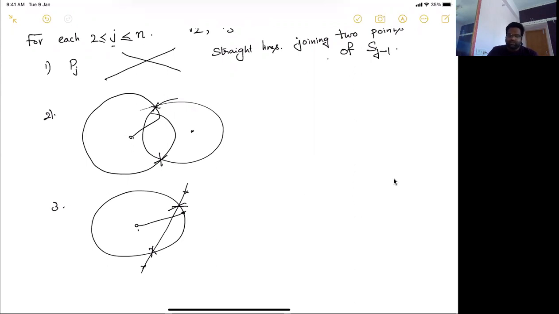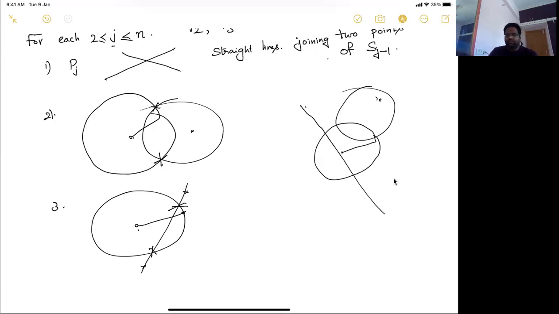With the help of a compass, you can draw a circle, and you can draw another circle, and you can make sure that these 2 circles intersect. Or with the help of a ruler, you can draw a straight line and you get an intersection. Or you can draw 2 straight lines and you get an intersection. So these are the only possible constructions you can get using ruler and compass alone.